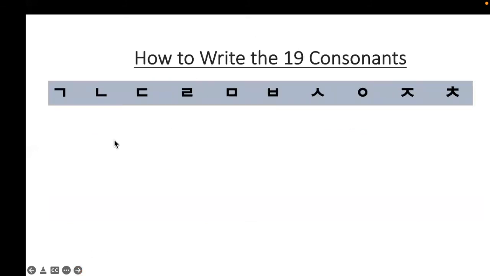Okay, then lastly, let me write the 19 consonants for you, okay?